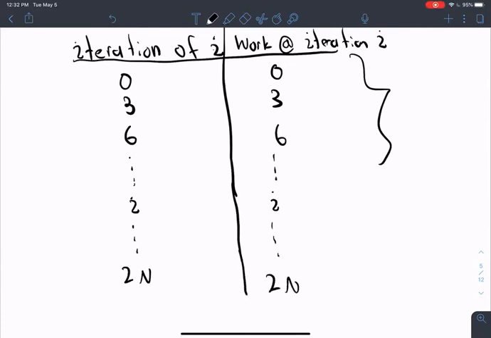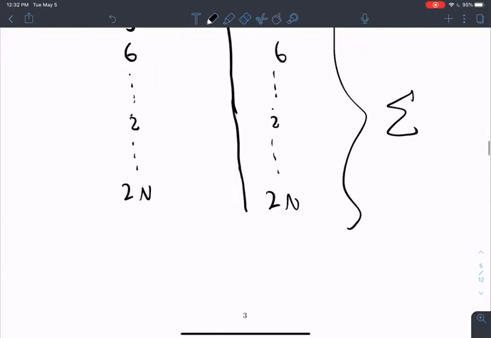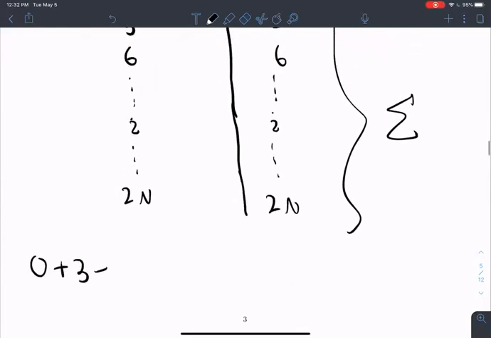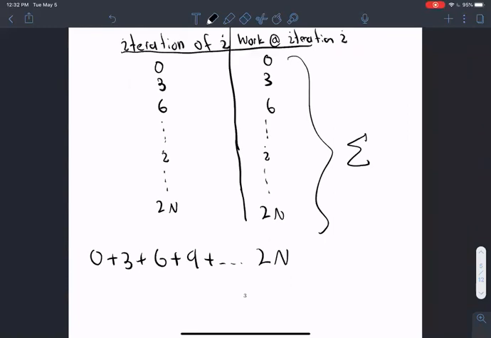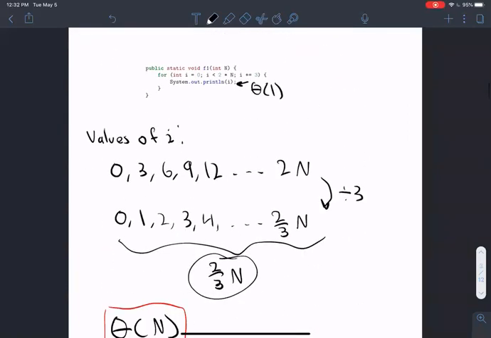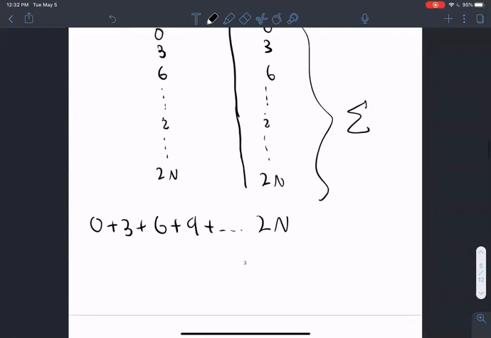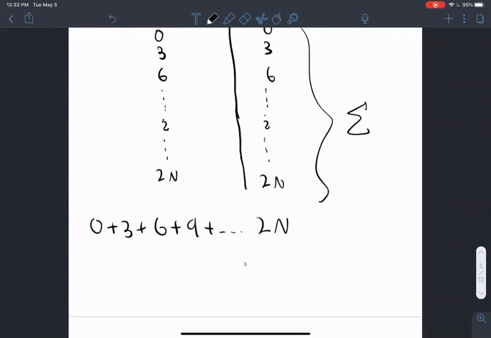All right, so now we just want to add the numbers on the right. So we want to sum them. Let's write out the sum here. 0 plus 3. This is similar to what we did earlier, except earlier we had a comma between all of them because we wanted the sequence, but now we actually want to add them. I hope that answered your question from earlier about the commas versus the pluses.